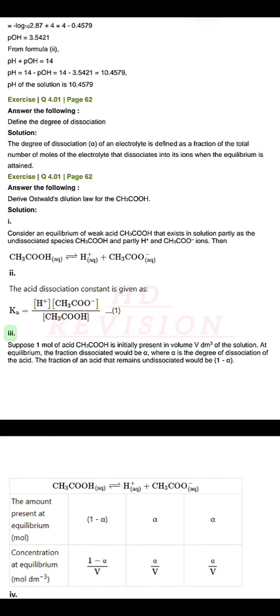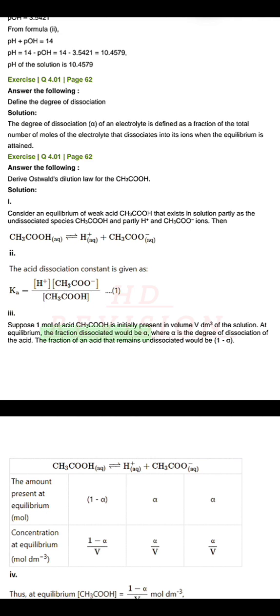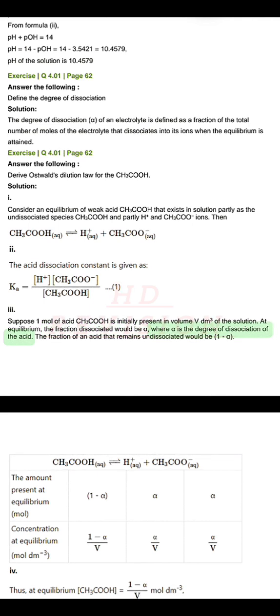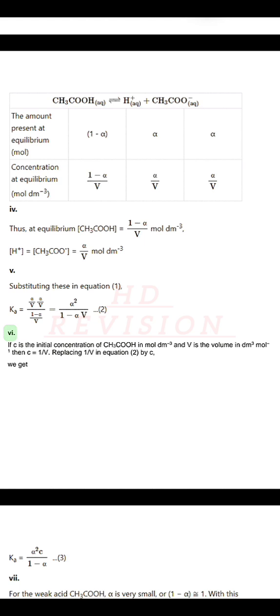Suppose 1 mole of acid CH3COOH is initially present in volume V dm3 of the solution. At equilibrium, the fraction dissociated would be alpha, where alpha is the degree of dissociation of the acid. The fraction of the acid that remains undissociated would be 1 - alpha.